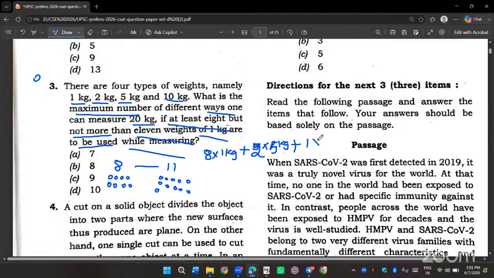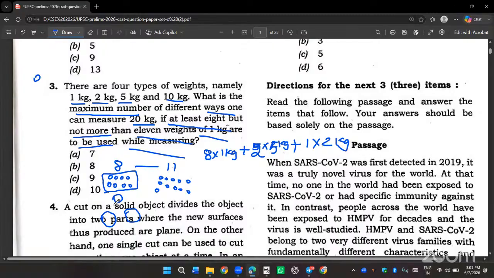So 1 2 kg weight. So what I have kept is 8 1 kg, then 1 2 kg, and 2 5 kg. I differentiate the weights on the basis of the size here. In this way, I can measure 20 kg.